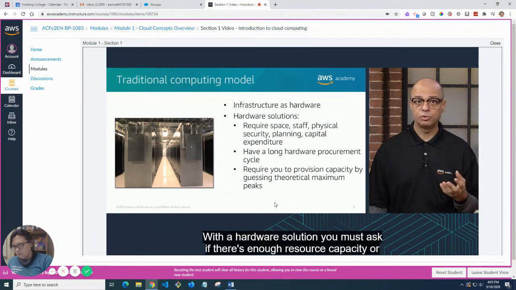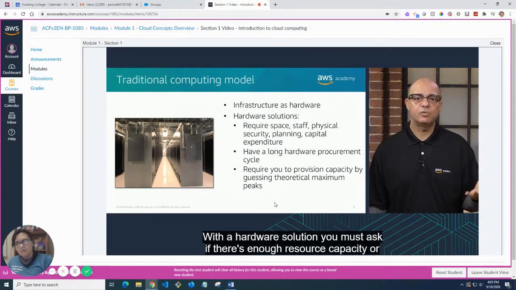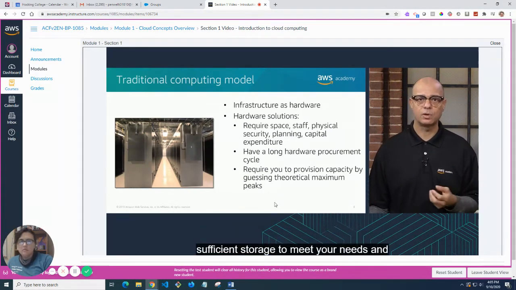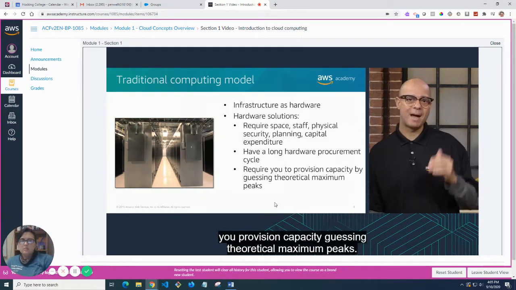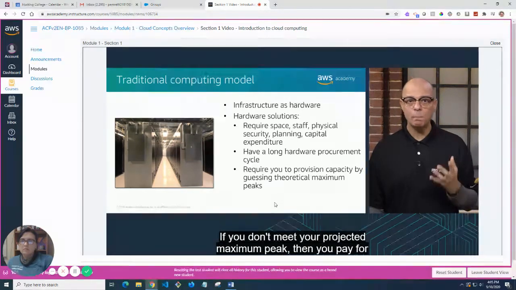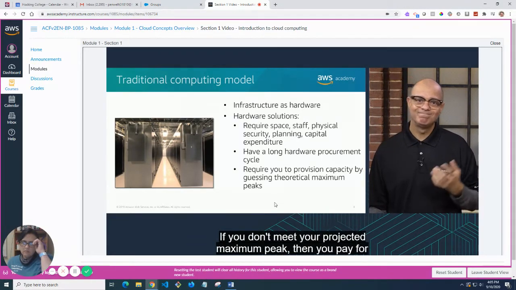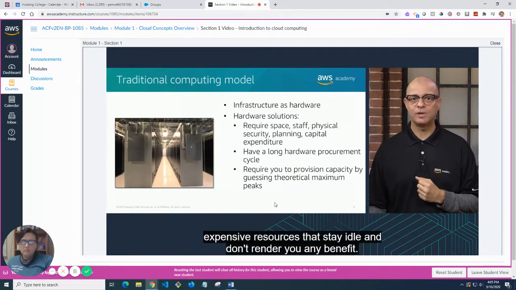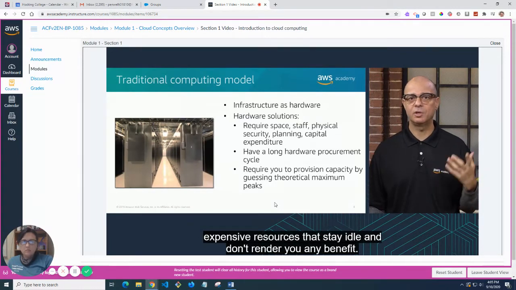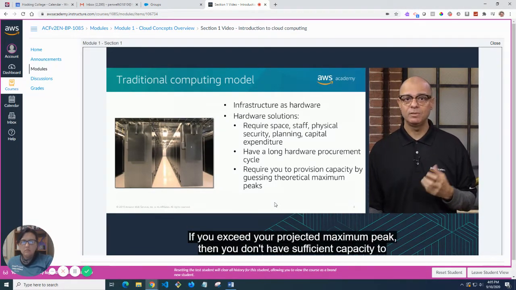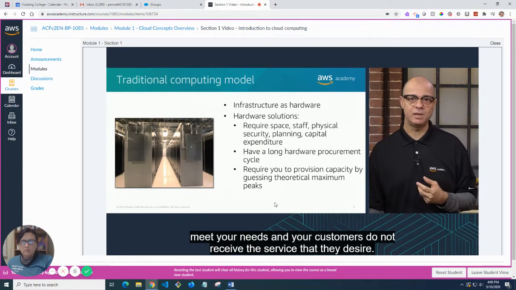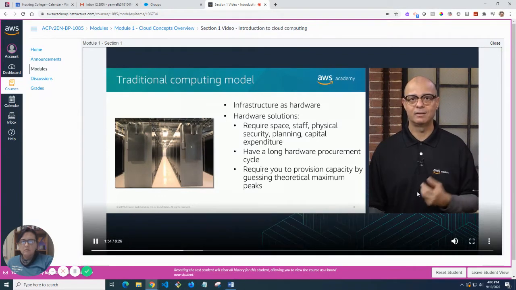With a hardware solution, you must ask if there's enough resource capacity or sufficient storage to meet your needs. And you provision capacity guessing theoretical maximum peaks. If you don't meet your projected maximum peak, then you pay for expensive resources that stay idle and don't render you any benefit. If you exceed your projected maximum peak, then you don't have sufficient capacity to meet your needs, and your customers do not receive the service that they desire.